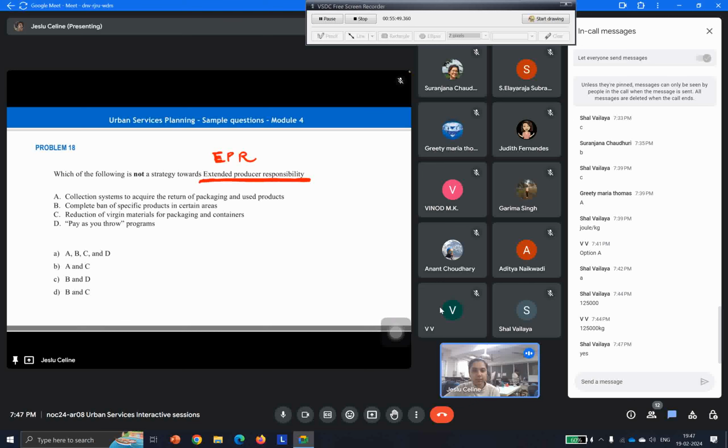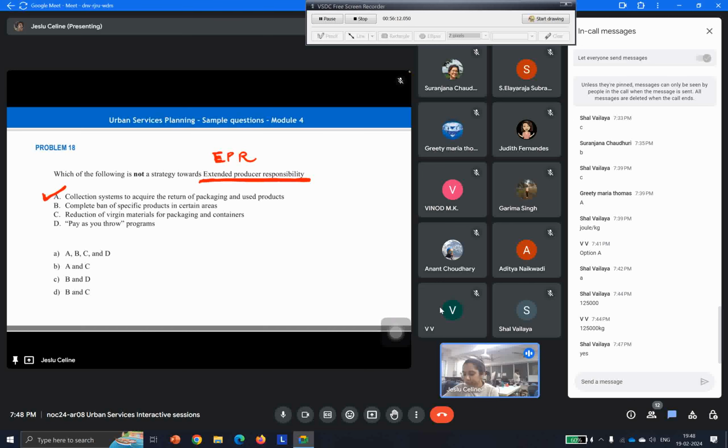So the producer becomes part of the waste management system and has certain responsibilities towards reducing this waste generation. So yes, a collection system to acquire return of packing is an extended producer responsibility because this can reduce the waste generated.